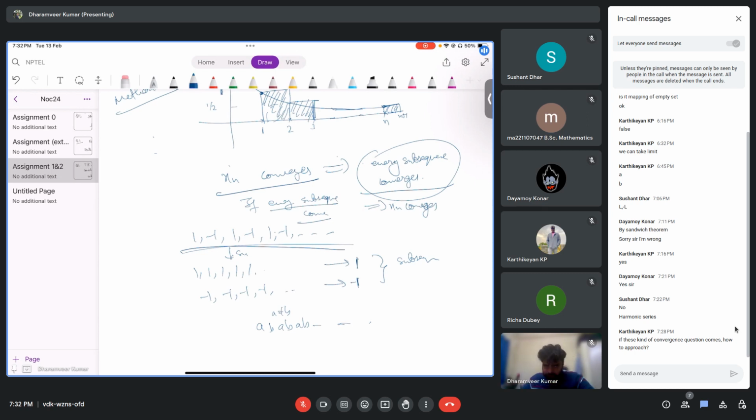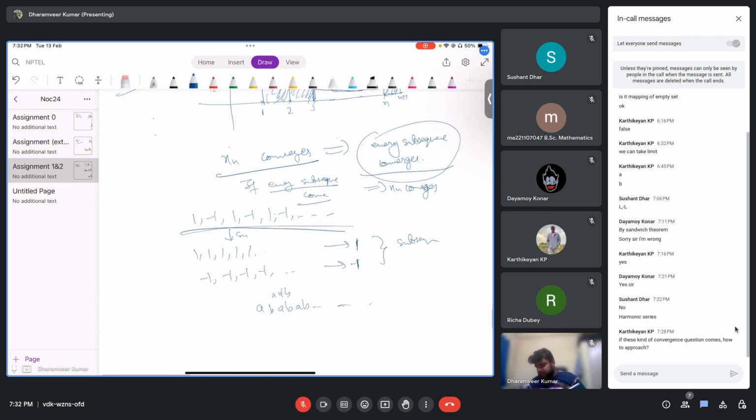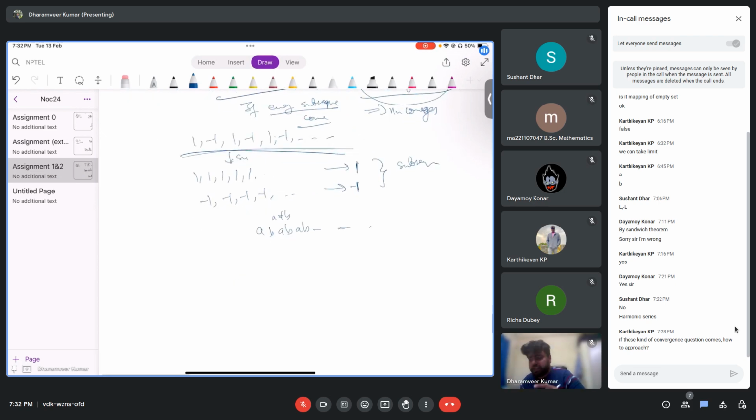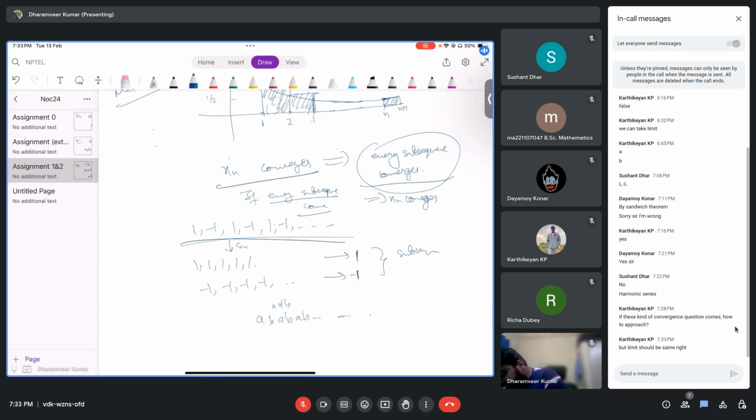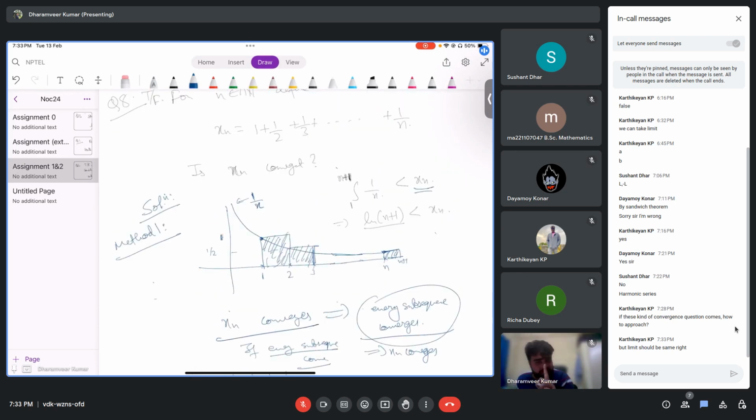This is something that you have to read later. I'm just wasting a little bit of your time, but yeah, let's do this. I'll just show you that. So in this type of question, you can also find one subsequence such that it's not convergent.